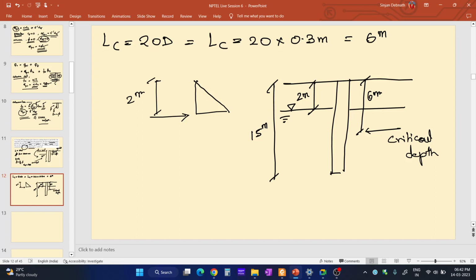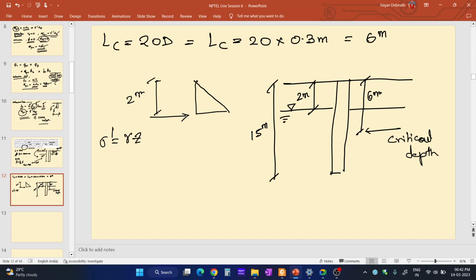It increases linearly since overburden pressure is equal to the unit weight of soil into height. It is linear, right? This sigma is gamma into z. Gamma means the unit weight of the soil. It is constant, and this z is the depth of the soil. So it is increasing linearly.